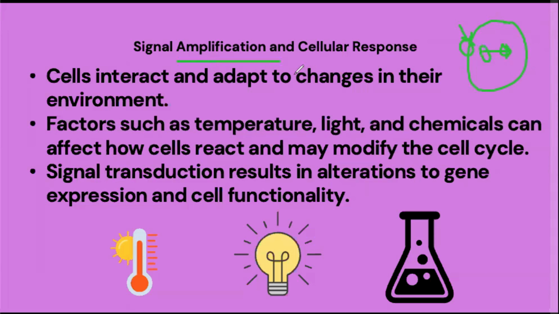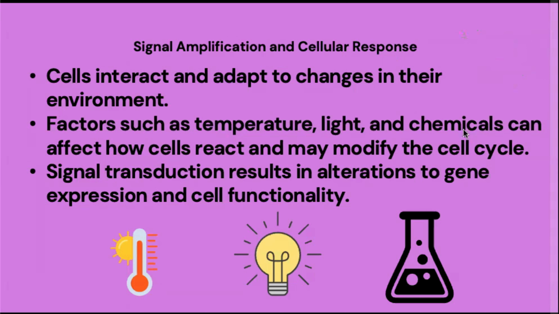So basically, what happens is the actual signal response becomes stronger and stronger due to the amplification. And the way that this is affected essentially is cells interact and they adapt to changes in the environment.